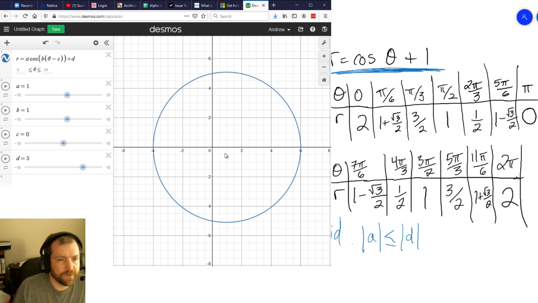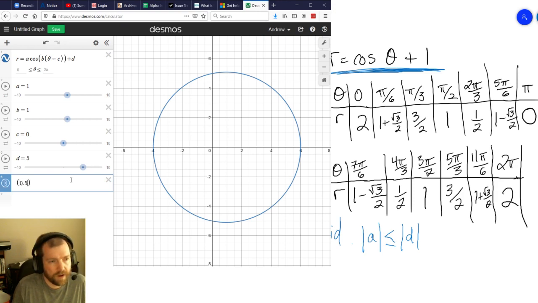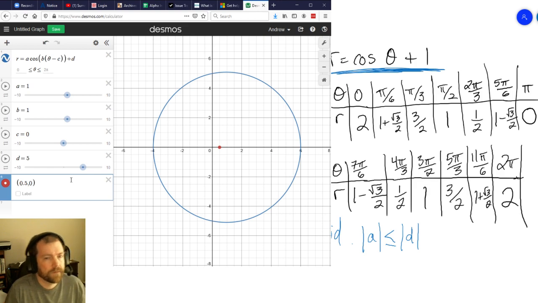and the center of this cardioid is still at 0.5. So here. This is still the center of the cardioid. If you measure the distance up and down, you can tell that, yes, in fact it is.